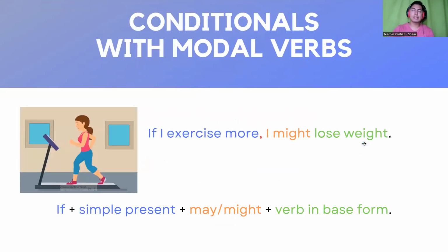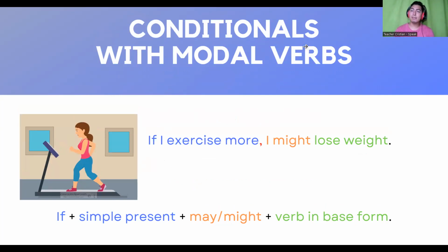Now, these are some examples using modal verbs. This is the same structure of the first conditional. Remember that we are talking about future situations that are real, or can be real, or are possible. There is always a possibility that these things can happen.